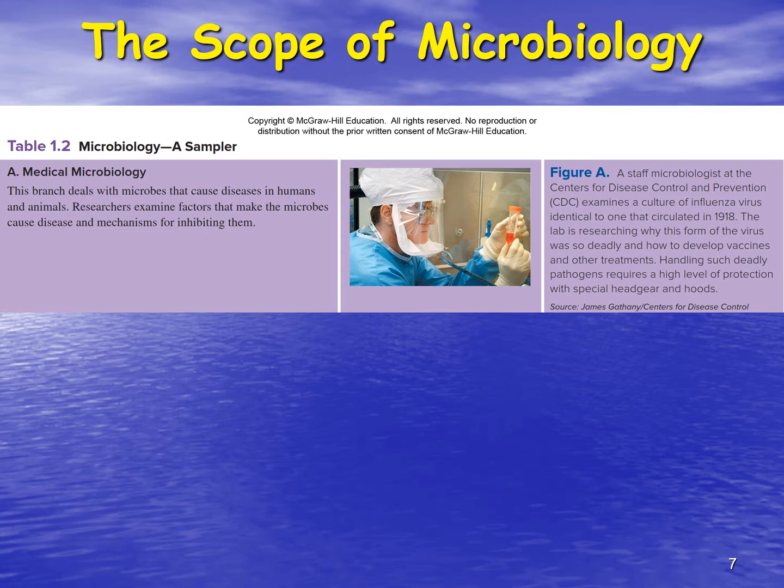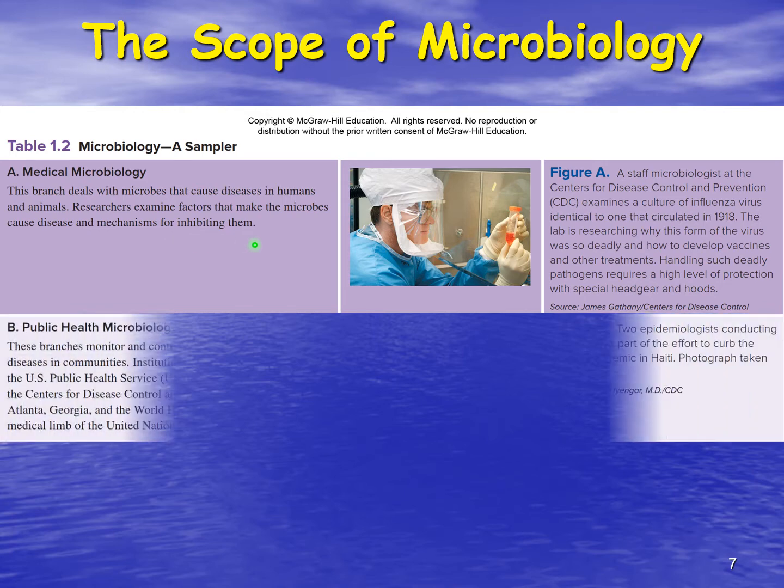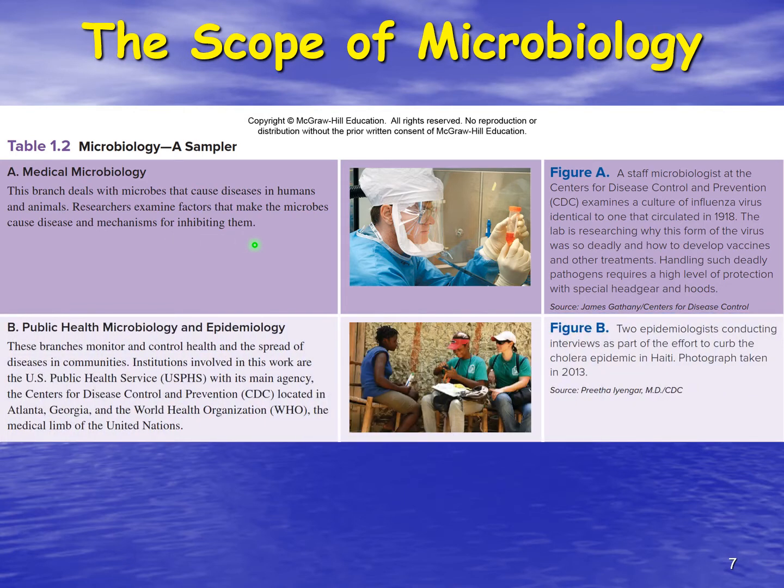This deals with microbes that cause disease in humans and animals. Researchers examine factors that make these microbes cause disease, how they cause disease, and the mechanisms for inhibiting them.